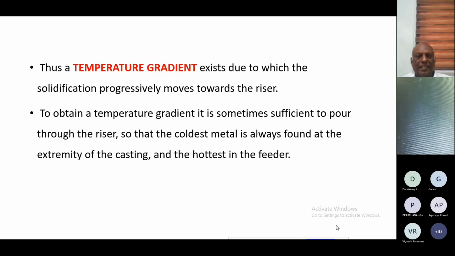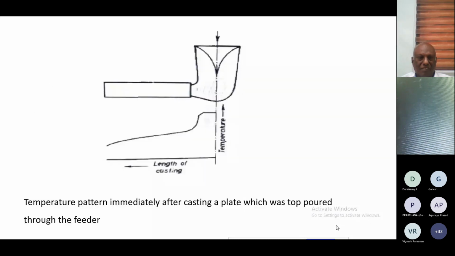To obtain a temperature gradient, it is sometimes sufficient to keep the temperature of the casting lower than that in the feeder. Here a plate is shown with a cylindrical riser. The temperature gradient can be seen.